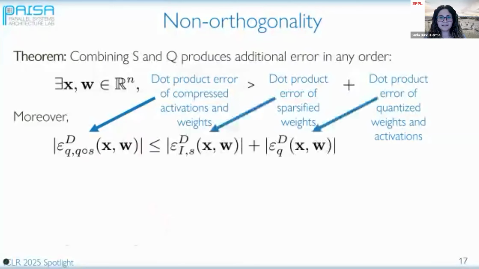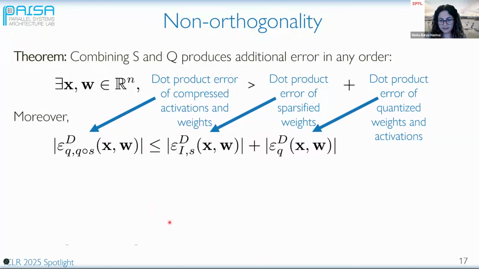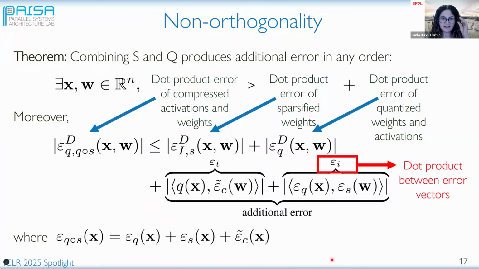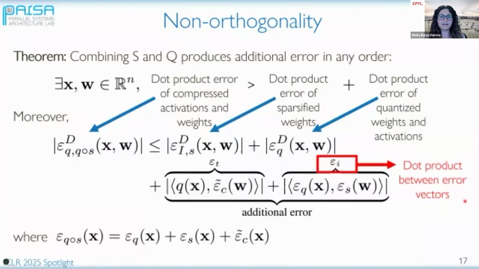Now we have the exact same terms for the upper bound, so the sum of the individual errors, plus some additional error coming from the interactions due to the dot product operation. Here we have epsilon I, which is the dot product between the error of quantized activations and the error of sparsified weights.